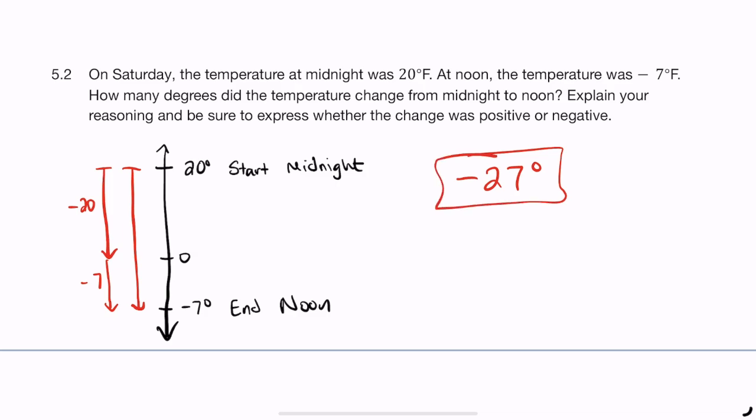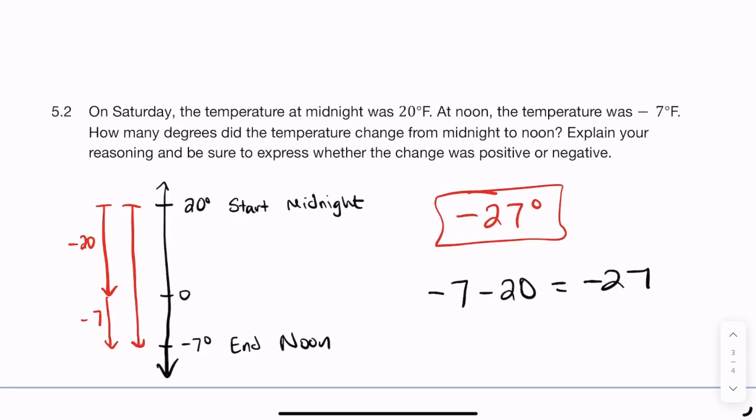So -27 degrees is the change, because you have to go down 27 degrees. But you could also subtract: the end minus the start is going to be the change. So you could do -7 minus 20, which is -27. All right, there we go.